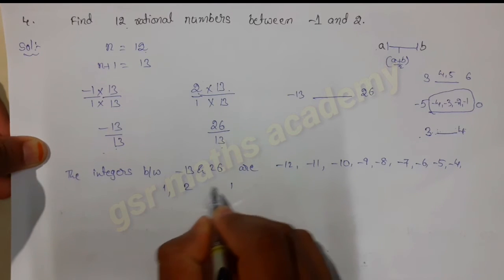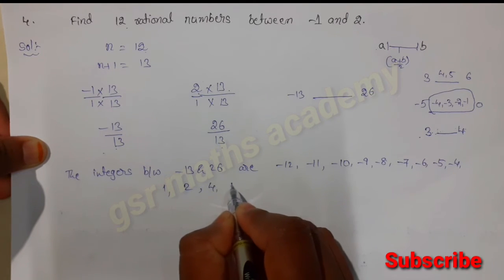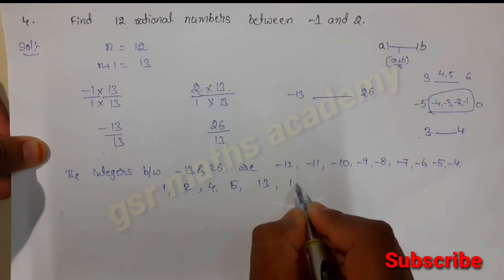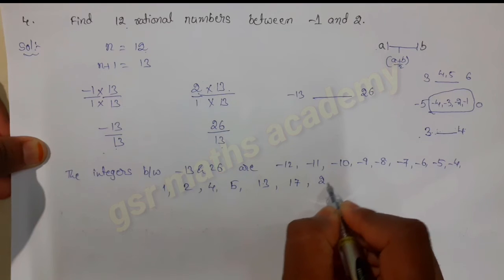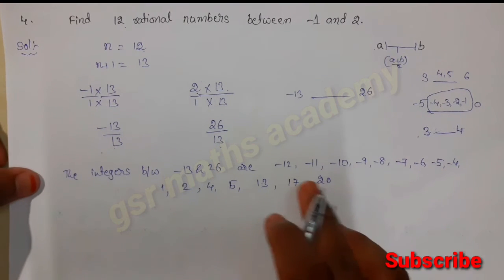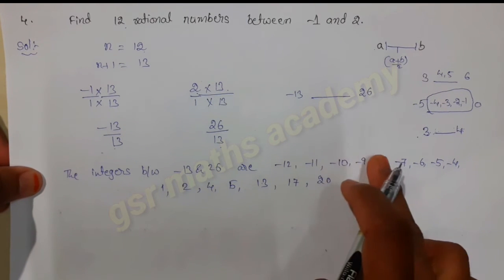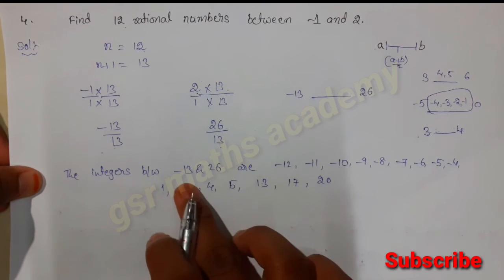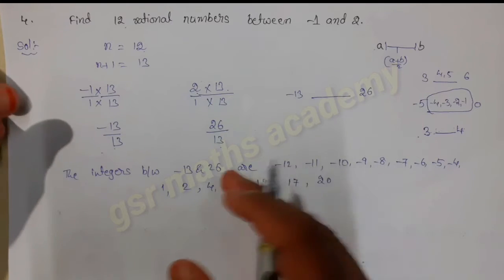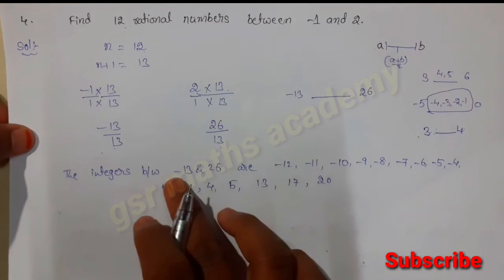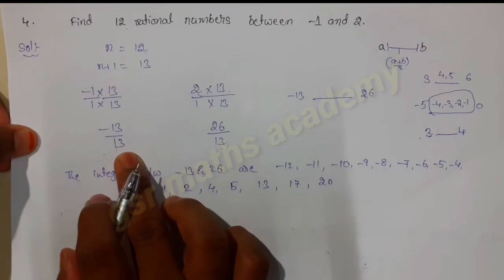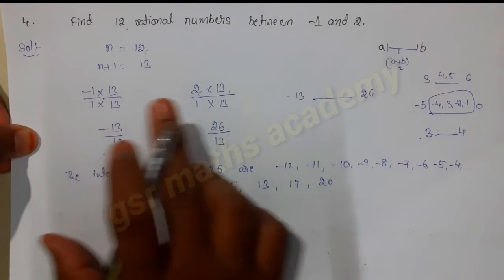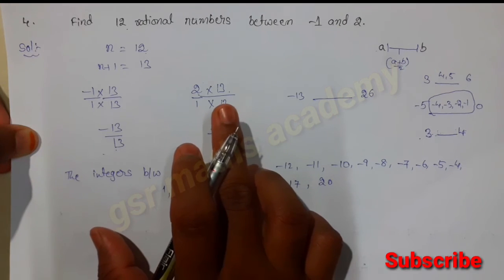And 2, 4, 5, you can take 13, you can take 17, even 20. So how many did I write here? 1 2 3 4 5 6 7 8 9 10 11 12 13 14 15 16. So we have written 16 up to now. For all these integers, if you take denominator 13, then you get rational numbers which lie between -13 by 13 and 26 by 13.